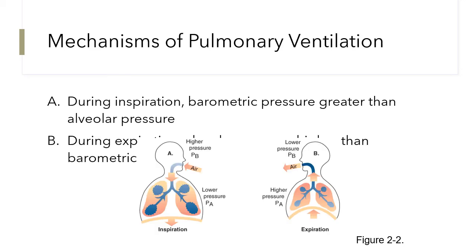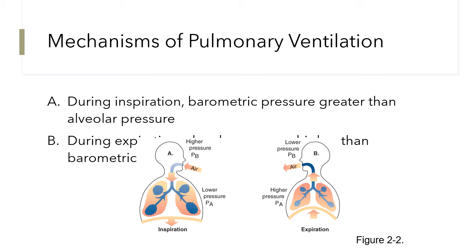Now let's look at expiration, when the opposite happens. So you're done taking a breath in, the pressures have equalized to about 5, and you're ready for the diaphragm to relax. The diaphragm relaxes, and the pressure becomes positive in the alveoli.